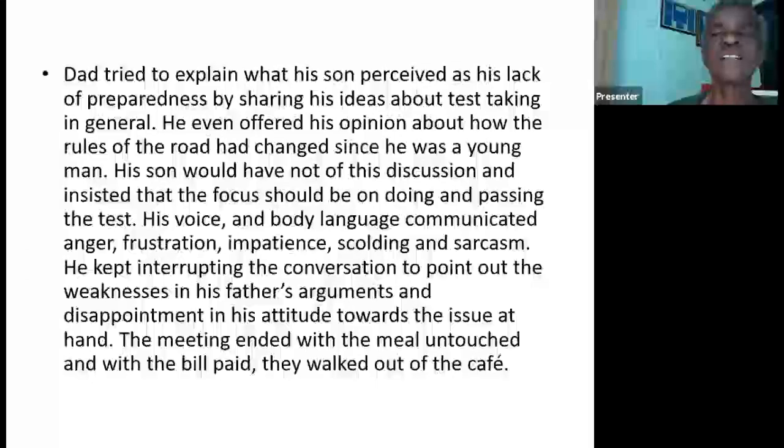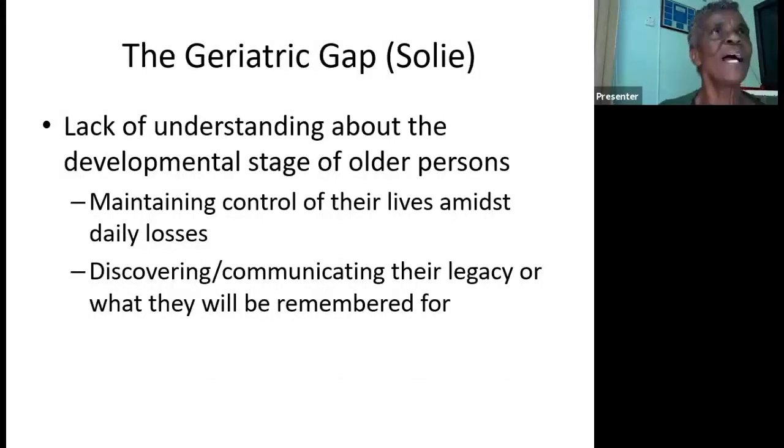So Solly talks about the geriatric gap. I know he's not the inventor of this word. When I try to look at the literature to see what is written about the geriatric gap, it refers to different situations where the healthcare system or other provider system is not keeping pace with the needs of the elderly, or there is not the understanding about what older persons need in order to survive in a complex world.